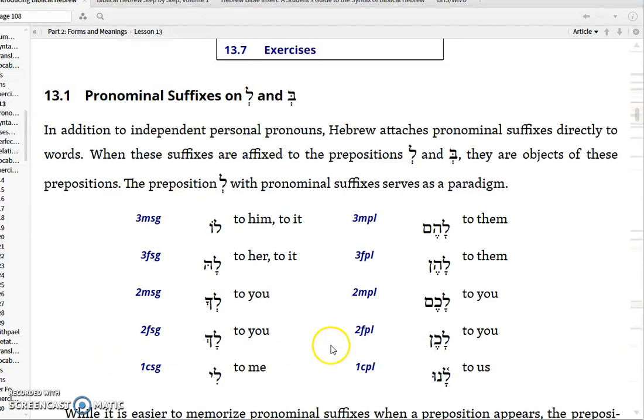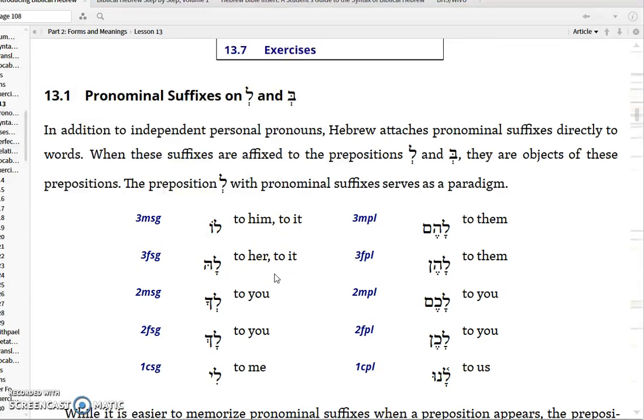So this is the way that it works. With preposition la, which means to or for, if you attach an o to the la and make it lo, that means to him or to it. By the way, that should not be confused with lo with an aleph, which would mean not.